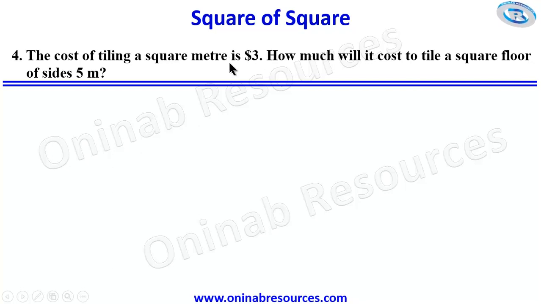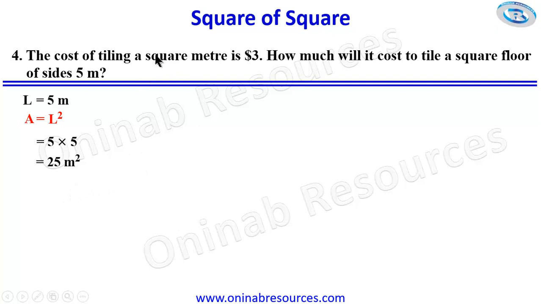Then we apply the cost appropriately. So we are given the length to be 5 meters, and we know our area is L squared. That's giving us 5 times 5. 5 times 5 gives 25, so that the area of the floor is 25 square meters.